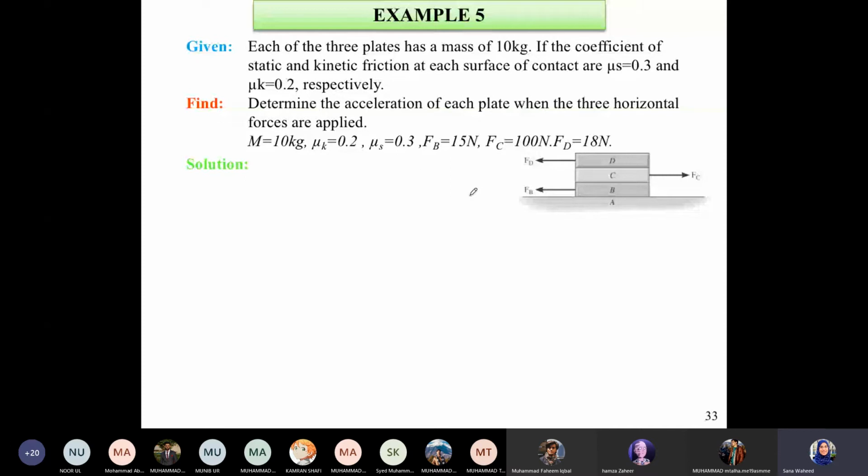So the mass of all three is 10 kg, mu k is 0.2, mu s is 0.3. And now FB is given to be 15 newtons, FC is equal to 100 newtons, and FD is equal to 18 newtons. This is the problem we are now looking at, and we have to find the acceleration of each of these.